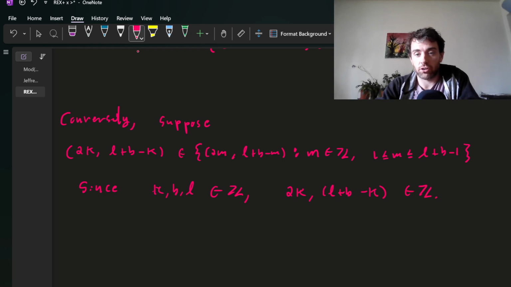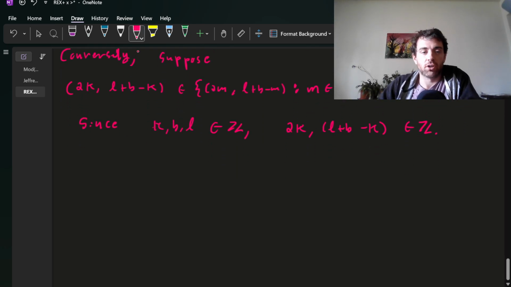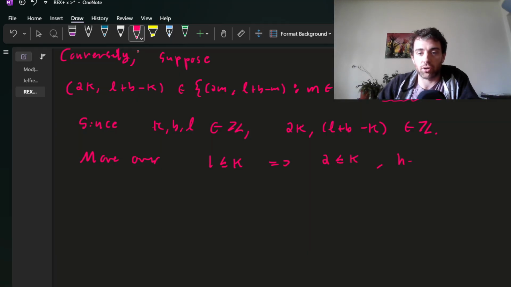We also need to argue that these are positive integers, right? So moreover, and here I'm going to use this inequality here. Since 1 is less than or equal to k, that implies that 2 is less than or equal to 2k. Hence, 2k is a positive integer.